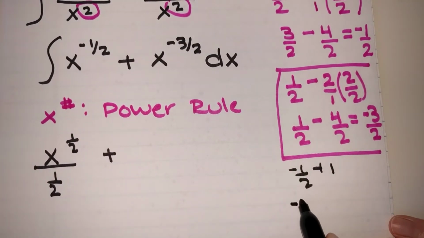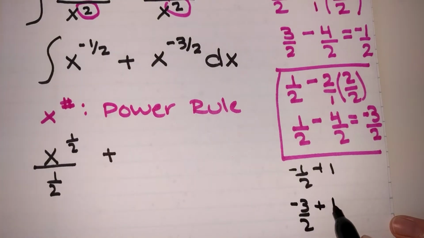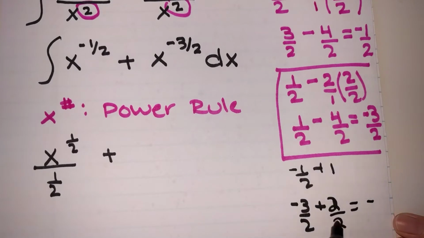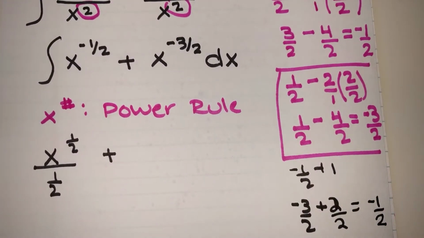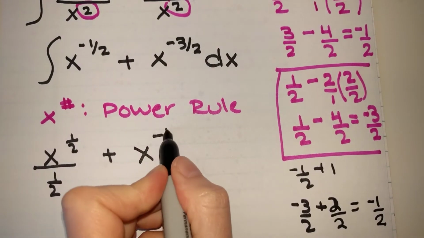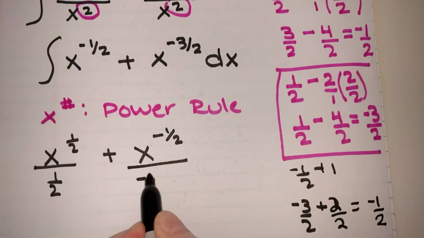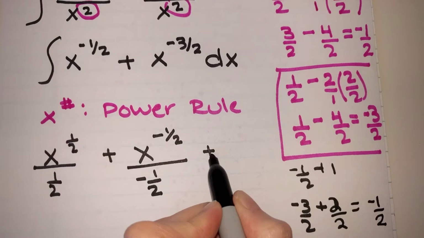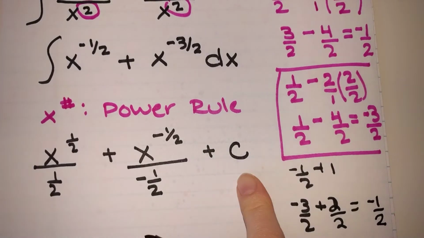Plus, then I take my negative 3/2, add 1. So when I add 1, I have 2 over 2, and that gives us negative 1/2. So we get x to the negative 1/2 divided by negative 1/2, and then plus c, and we're adding the plus c because we do not have bounds on the integral.